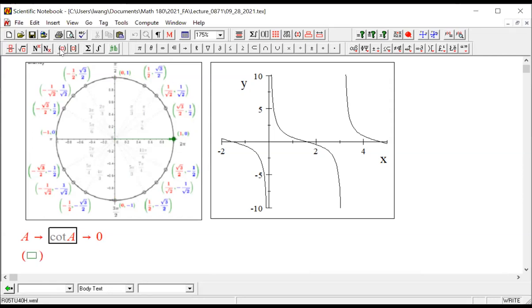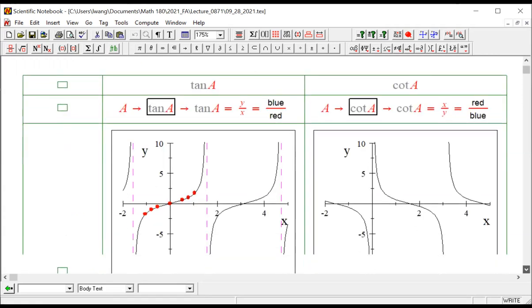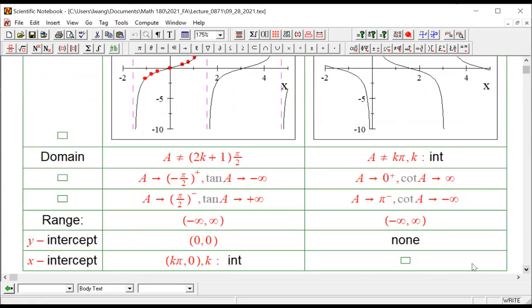That will be odd number multiples of pi over 2, that is pi over 2 plus k pi, 0. Those are the x-intercepts, and k is any integer. So we're going to put that in the table for x-intercepts.